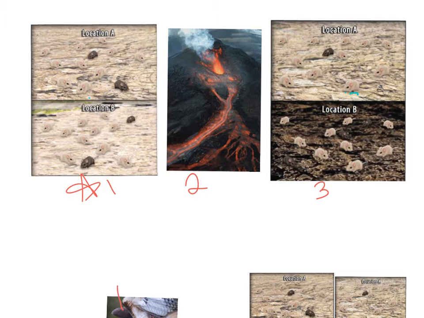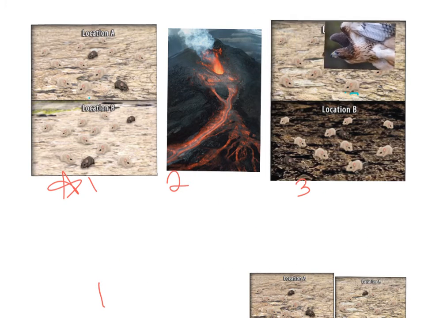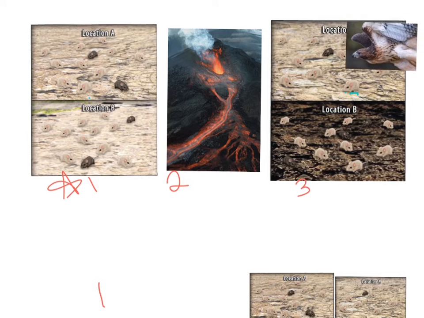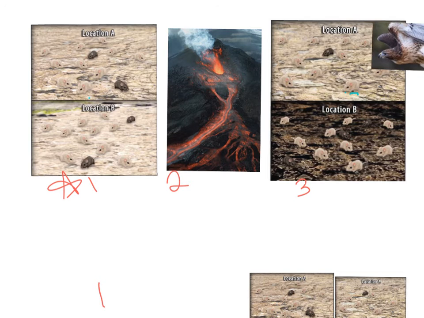So if I am a bird and I am hunting, and I'm flying over this sandy colored area, you're going to notice that probably that black or darker mouse is going to stick out. And if I'm a bird, I'm going to probably see that one, whereas the light colored mice are a little more camouflaged.